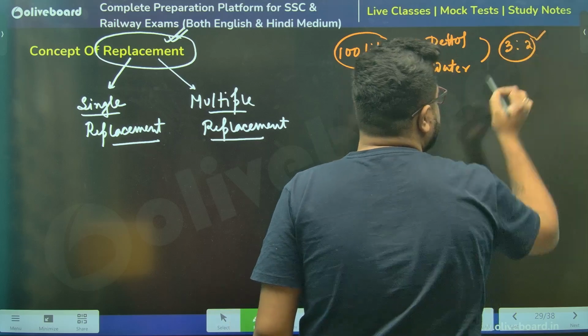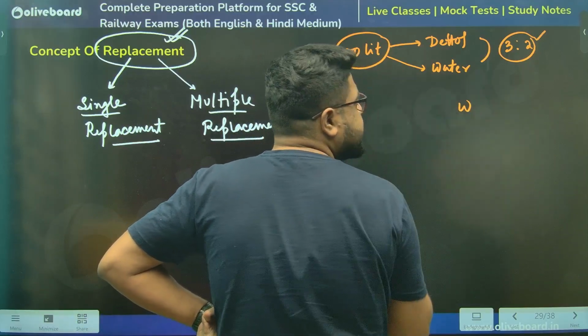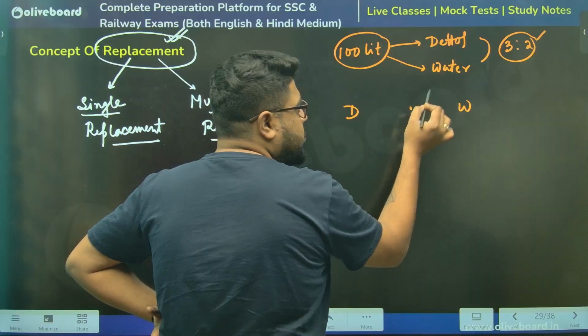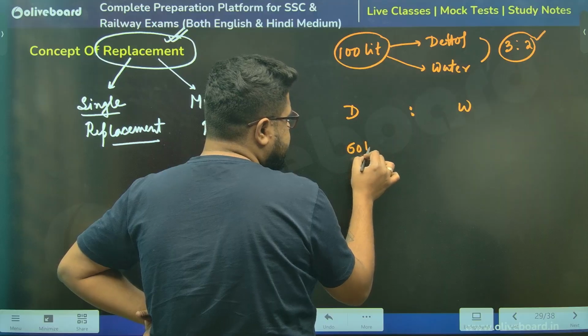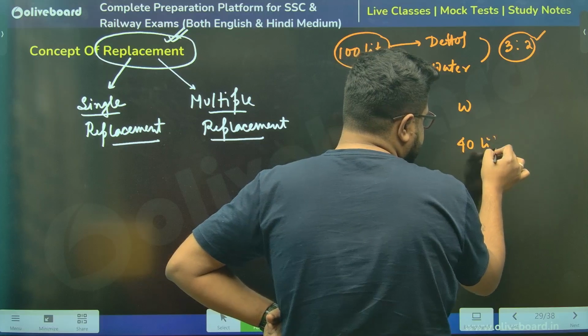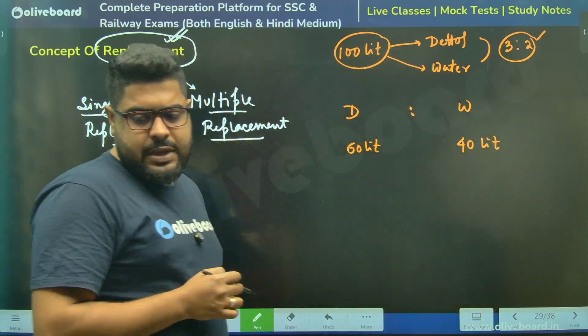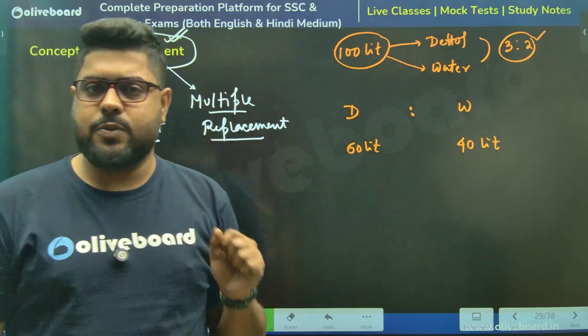So how much Dettol is there and how much water? Total 3 parts Dettol, meaning 60 liters, 3/5 is Dettol, and 2/5, that is 40 liters, of water is there. This much is the basic ratio calculation. I hope everybody can do it.